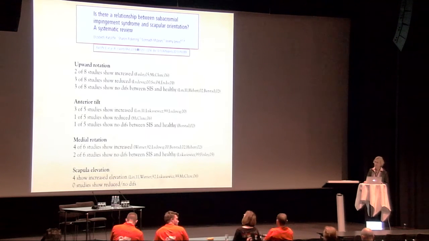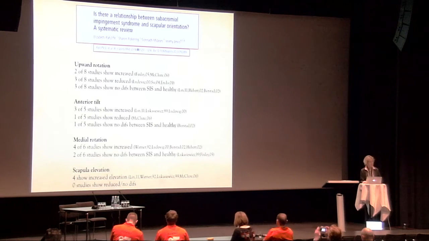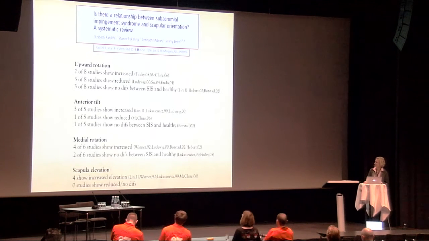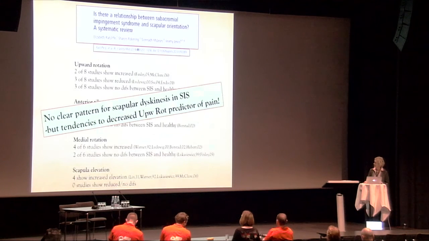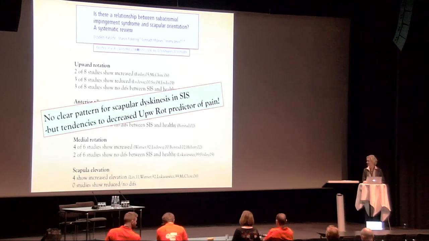And as you can see, this review from 2014 went through a lot of literature, looking at upward rotation, anterior tilt, medial rotation, and scapular elevation for this group of subacromial impingement syndrome. Unfortunately they did not find a clear pattern for scapular dyskinesis, but there were some tendencies showing that in SIS there was a decreased upward rotation, and it was a predictor for pain.